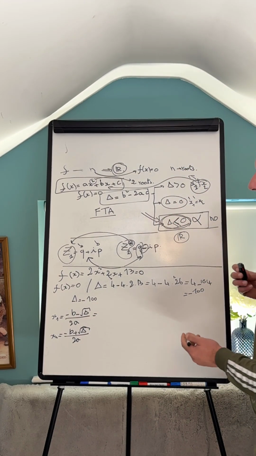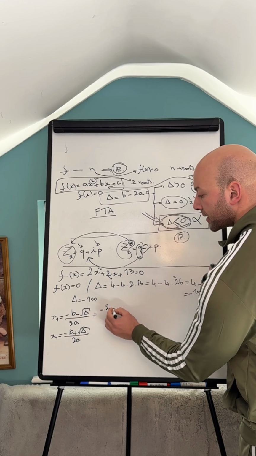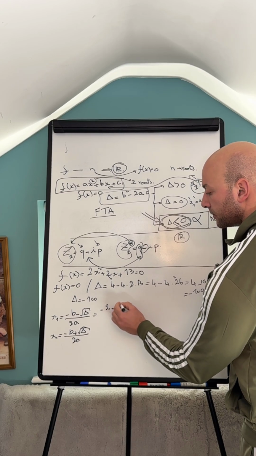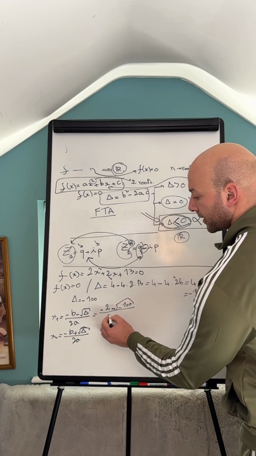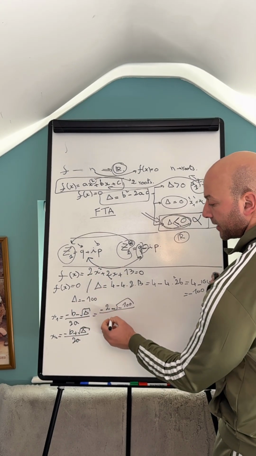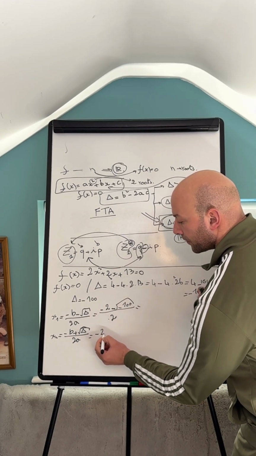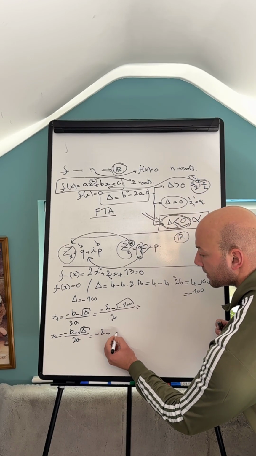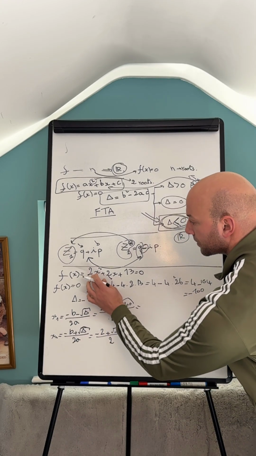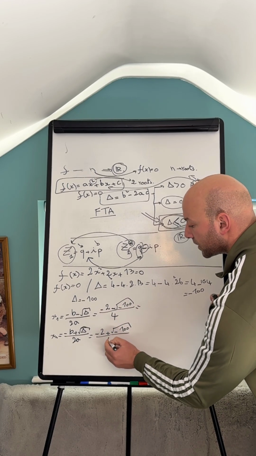Okay, from here, minus b, this is b, is minus 2, minus square root of delta divided by 2a. 2a, where a is 2, is 2 times 2, which is 4. And then here it's similar: minus 2 plus or minus square root of 100 divided by 2a, which is 2 times 2, which is 4.